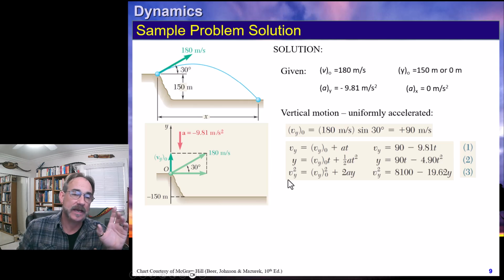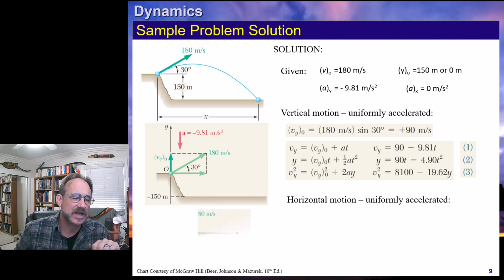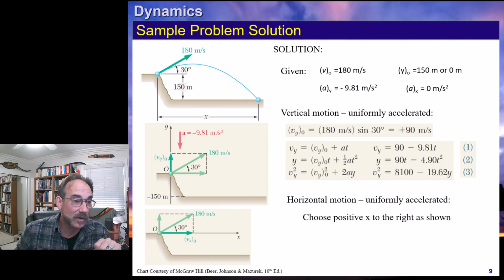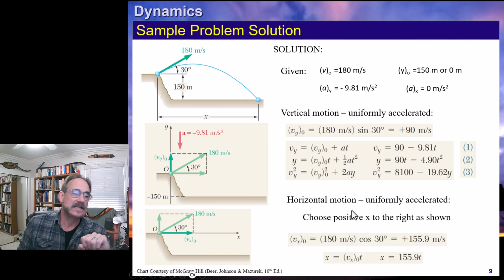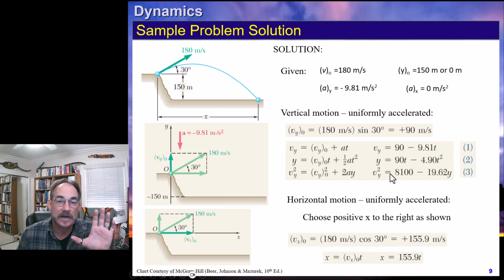And that equation that we re-derived quickly a moment ago, that velocity at any point squared is equal to the initial velocity squared plus 2ay. Remember, our a is negative, which throws that negative sign in equation 3. And horizontally, the acceleration is 0, so we can show positive x to the right, and we can write those out that way. You got that?